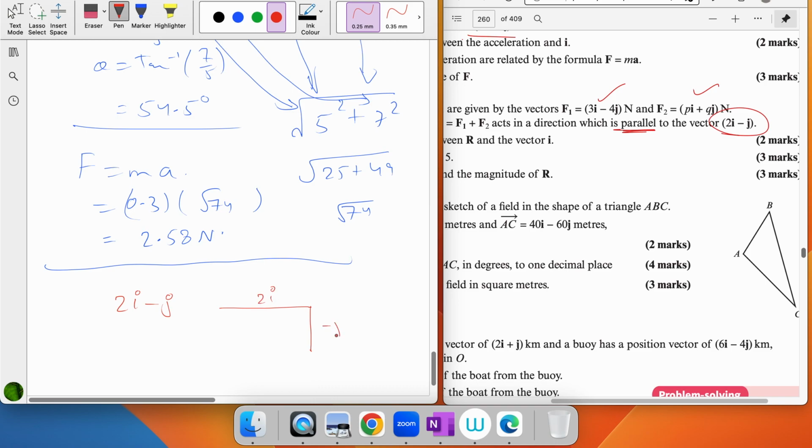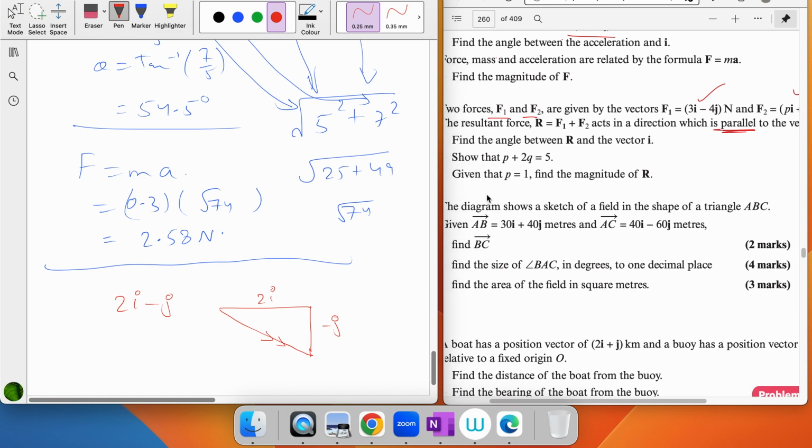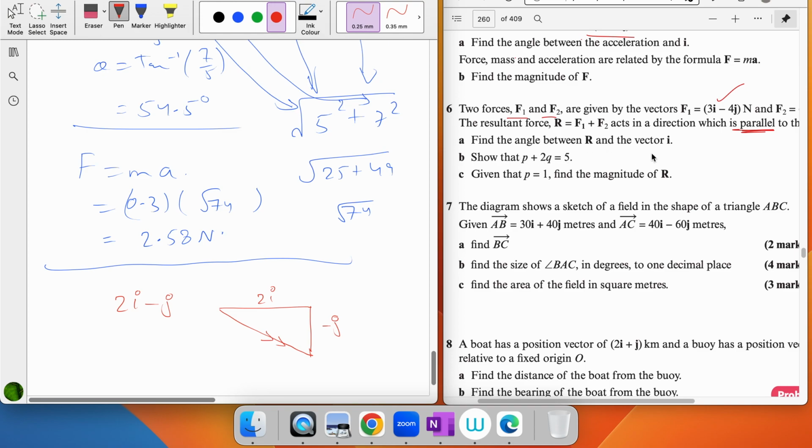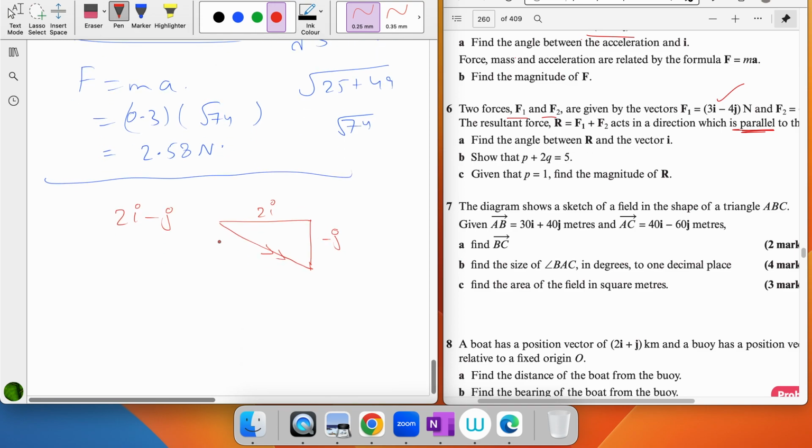This is 2i, this is minus j. So this is 2i and minus j, and R is parallel to this. So parallel vectors would have the same direction and will have the same angle. So it says find the angle between R and vector i. i is the horizontal. So this is the angle we need to find. So tan theta is equal to perpendicular over base.